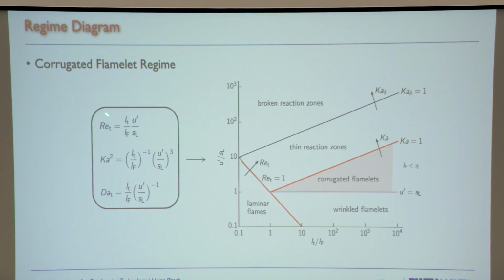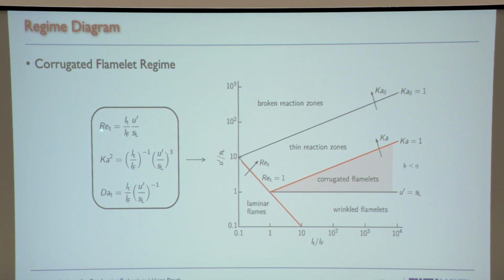And because I've expressed these numbers exactly as these ratios, on a log-log scale I can put in lines of constant Reynolds number, Karlowitz number, and Damköhler number in this diagram.